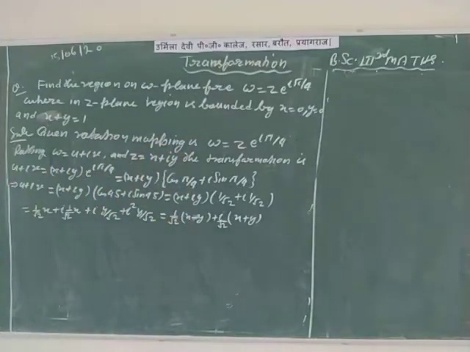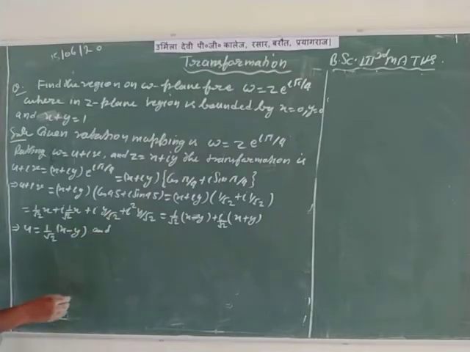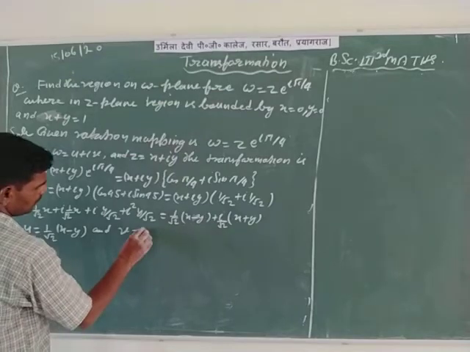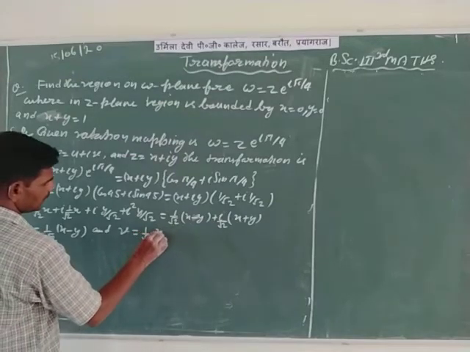So, comparing the real and imaginary values, it implies that u is equal to 1 by under root 2 times x minus y and small v is equal to 1 by under root 2 times x plus y.